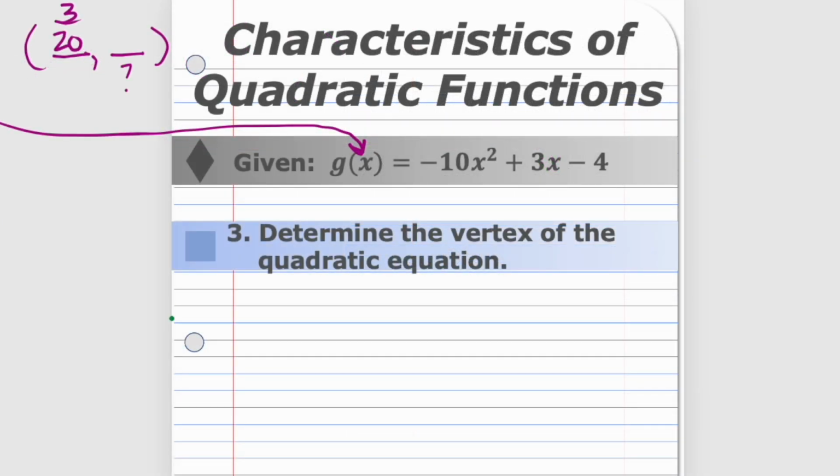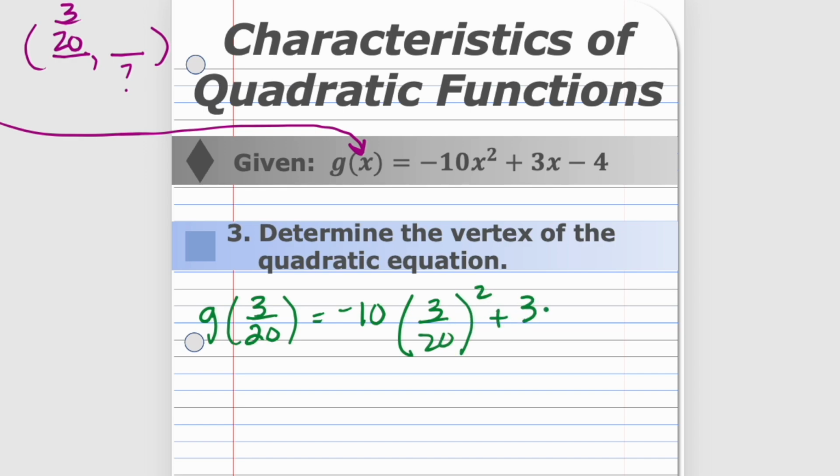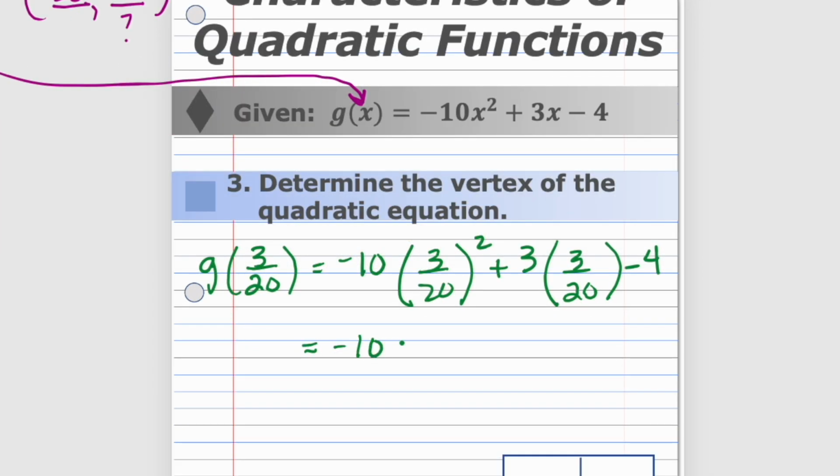So let's do that right here. g(3/20) is negative 10 times (3/20) squared plus 3 times 3/20 minus 4. We have negative 10 times (9/400) plus 9/20 minus 4.